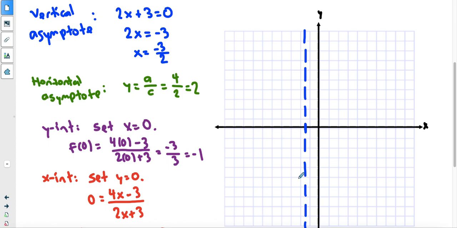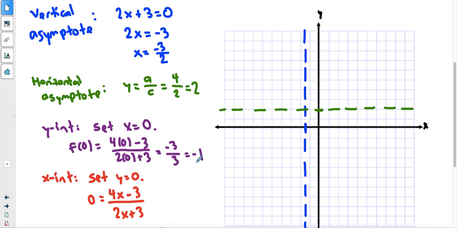My horizontal asymptote is at y is equal to 2, right here. So I'm going to draw a horizontal line at y is equal to 2. There we go.